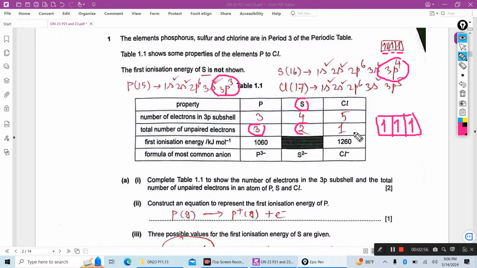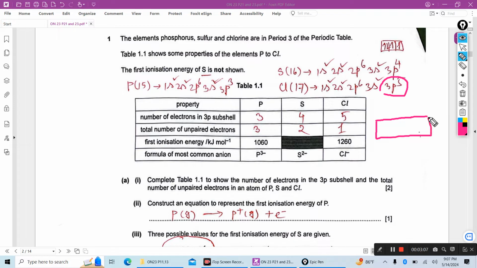Now chlorine 3p5, you see 3p5, so 3 orbitals and 5 electrons: 1, 2, 3, 4, 5.